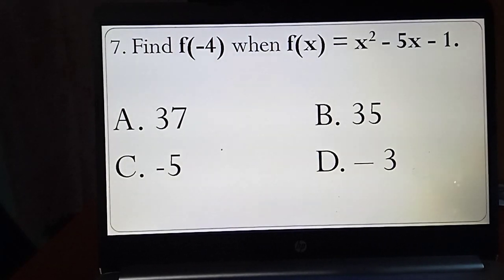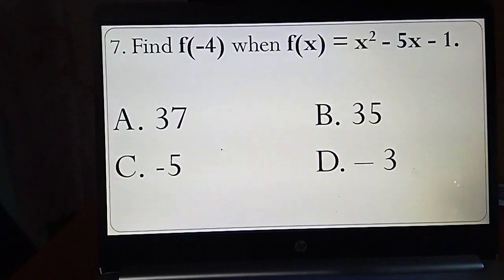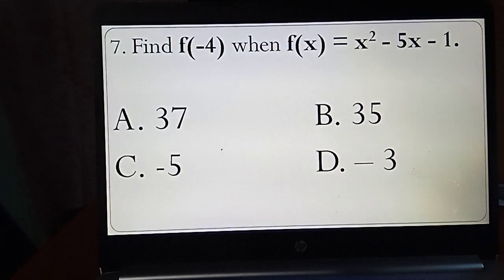So if we substitute -4 for x in the expression, we have -4 squared minus 5 times -4 minus 1.